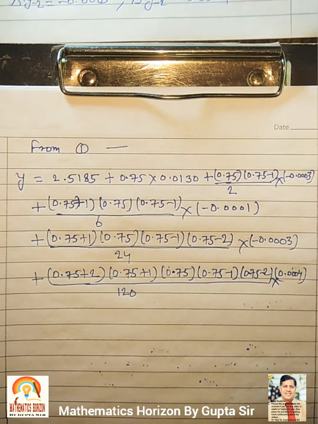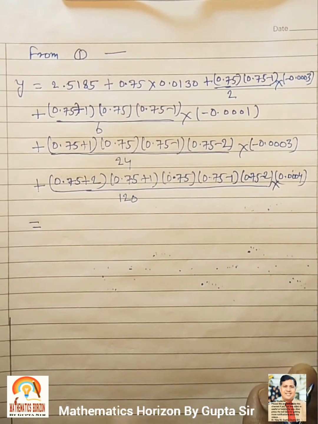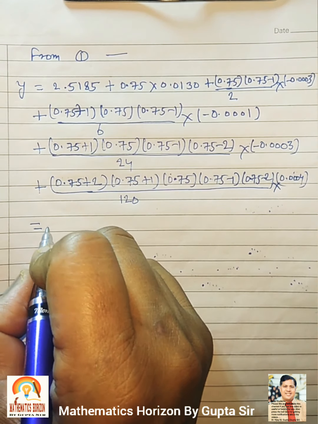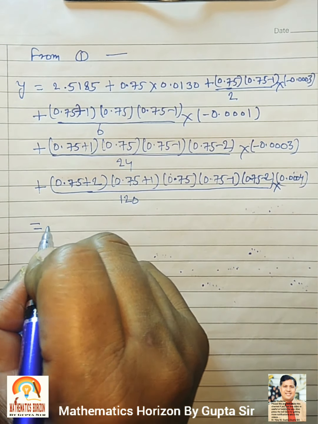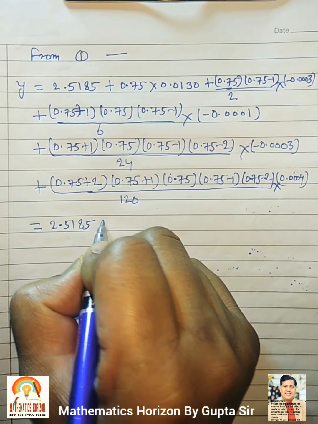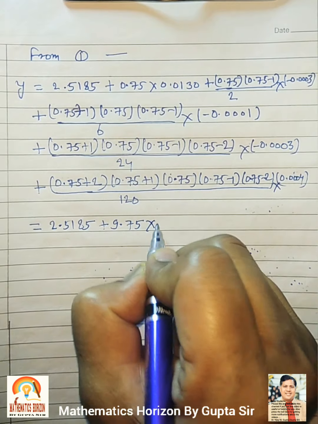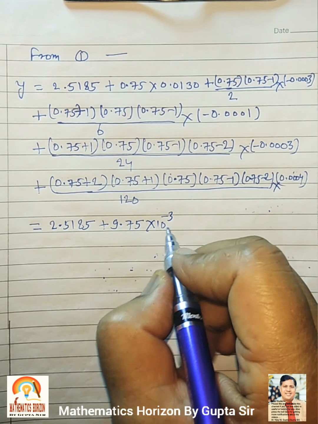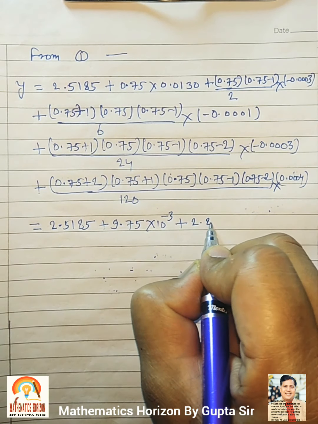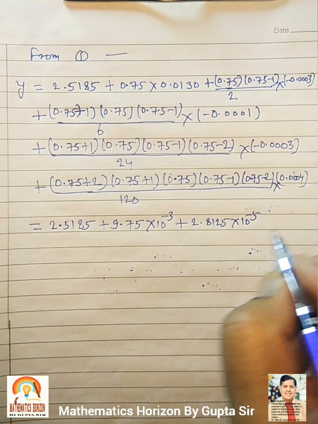Now on solving all these terms one by one, what we get? First term is 2.5185. Second term will be 9.75 into 10 raised to the power minus 3. Third term will be 2.8125 into 10 to the power minus 5.